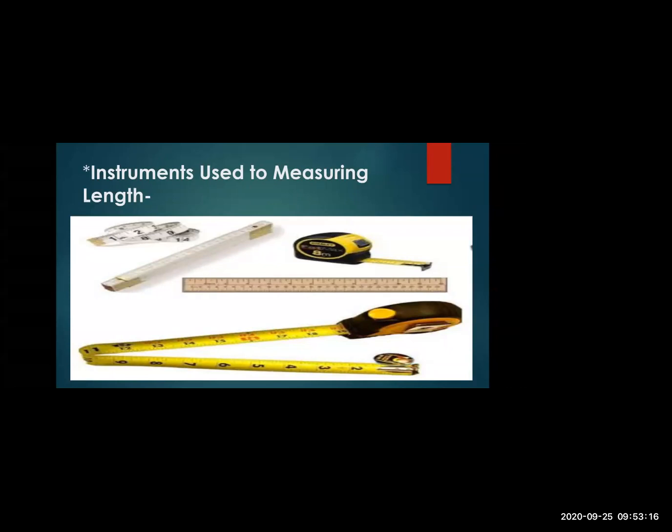devices. So these are the modern techniques, these are the modern devices, these are the modern instruments which we are using nowadays to get the exact measurement of the things.